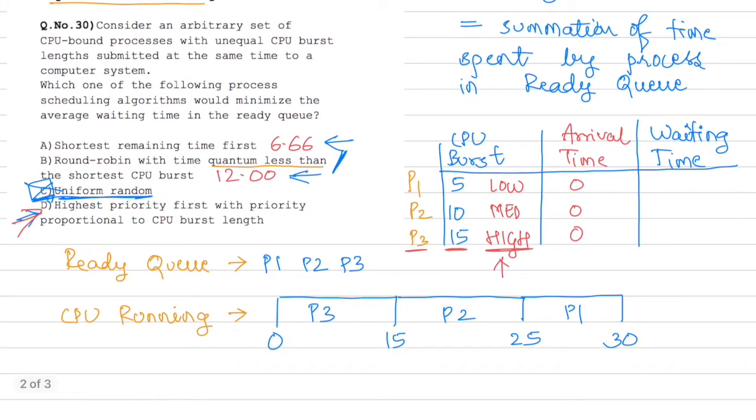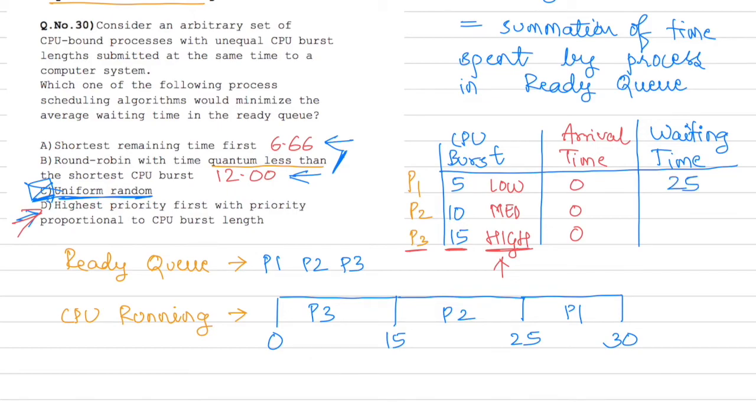Now let's calculate the waiting time. P1 arrives at 0, however it gets CPU at 25. So 0 to 25, this entire time length P1 was waiting in the ready queue, so that becomes its waiting time, which is 25.